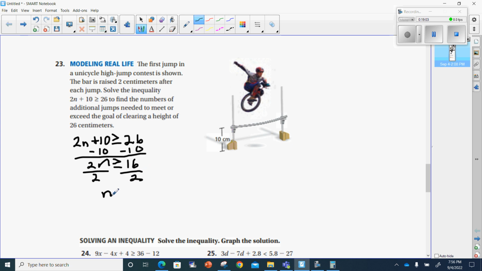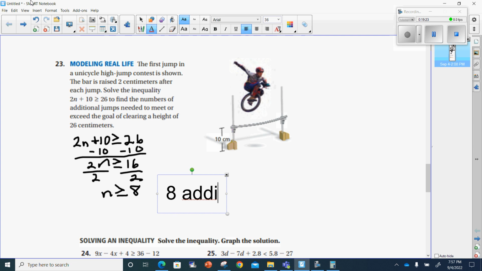N comes down by itself. It doesn't have to turn around because we didn't divide by a negative number. 16 over 2 is 8. So n should have been 8. So the correct answer would be 8 additional jumps.